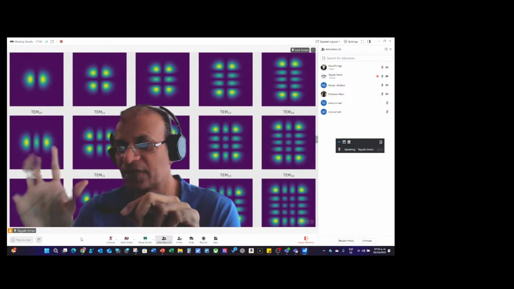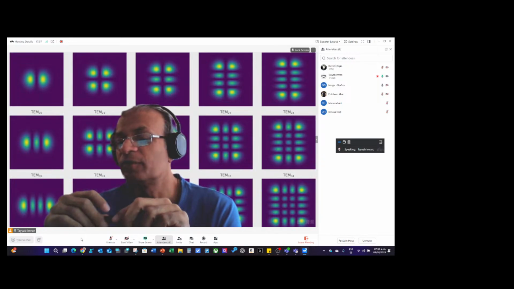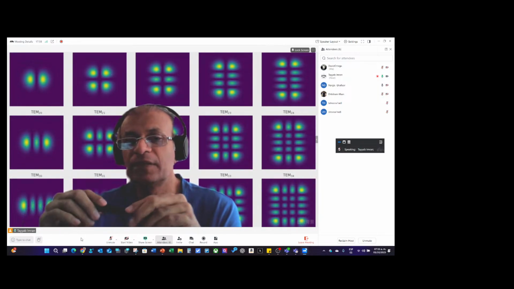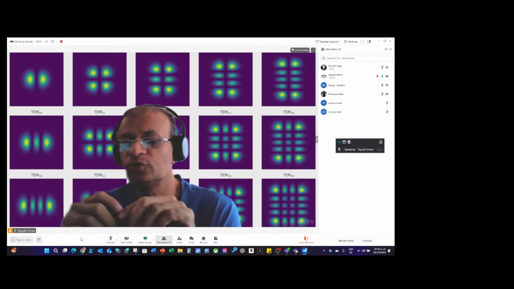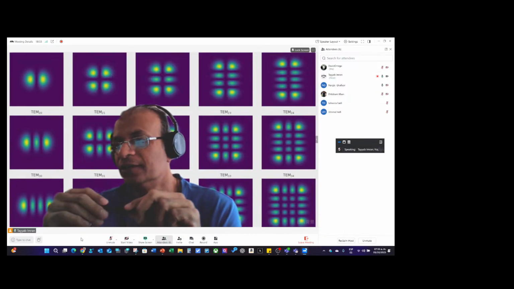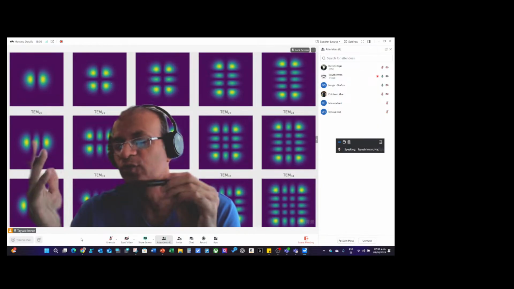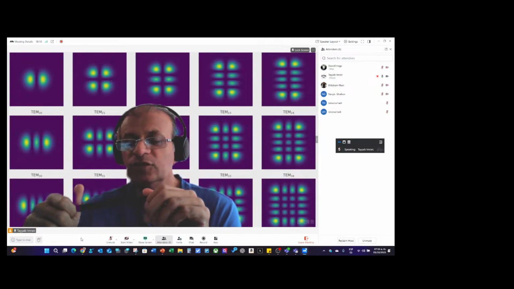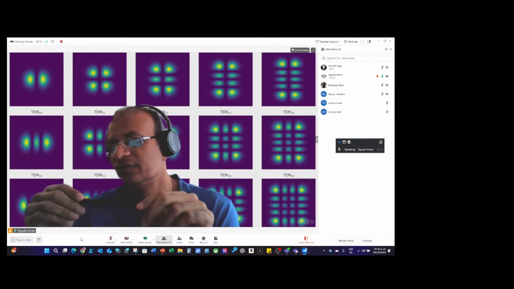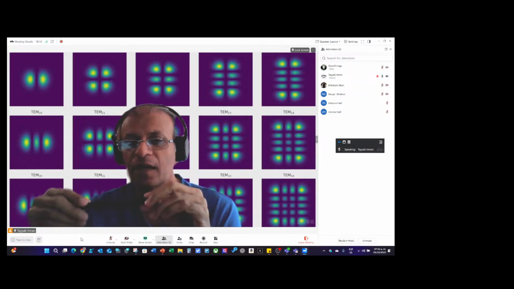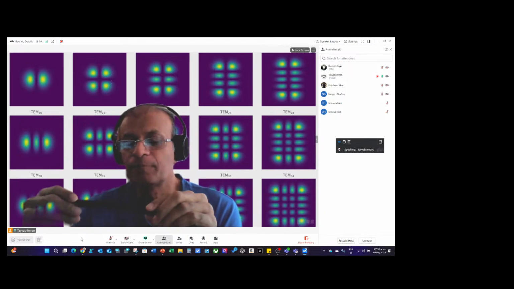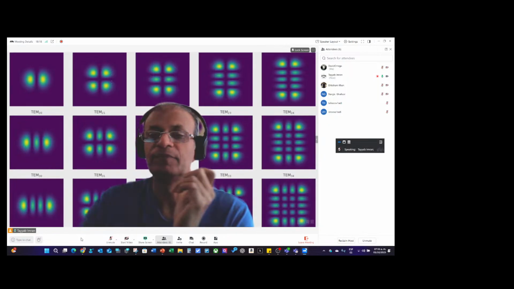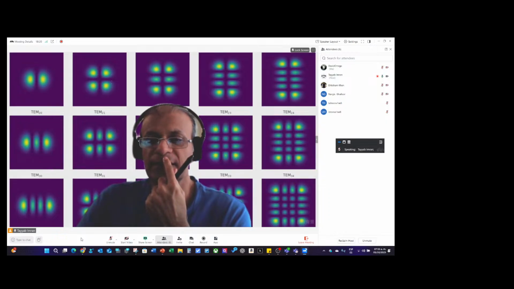In case of a normal laser, these axial modes are supposed to be removed, leaving only one or two. But in case of an ultrafast laser, we need these modes. And now today we are going to study another kind of modes. Let me share my screen with you.